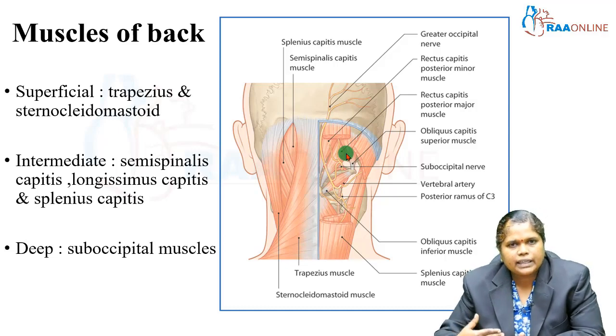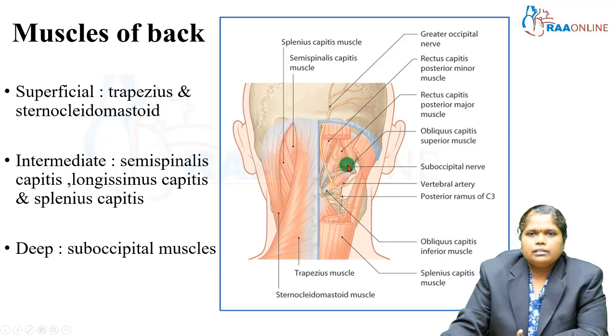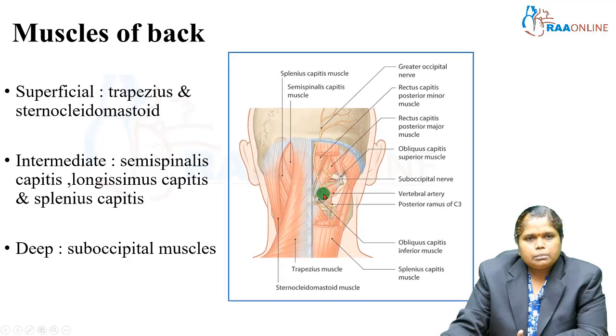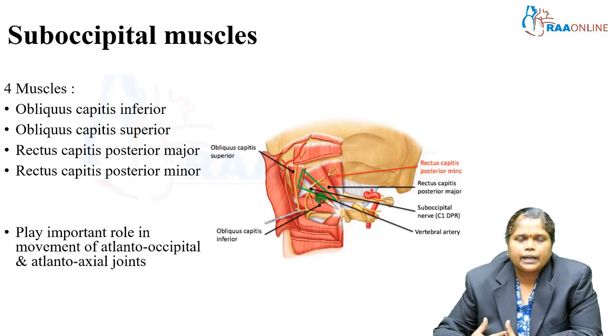Once we remove this second layer, we reach the suboccipital triangle where we see the suboccipital muscles. Now we can see the suboccipital muscles one by one, then we can go to the suboccipital triangle.